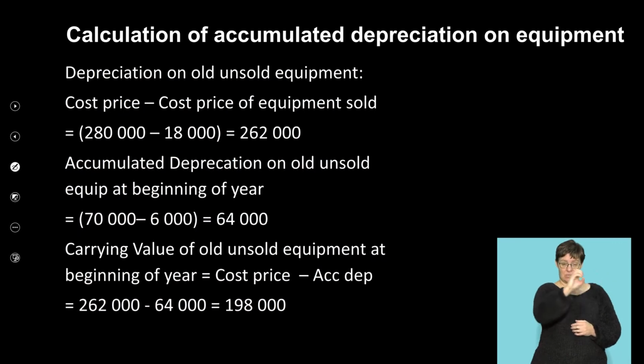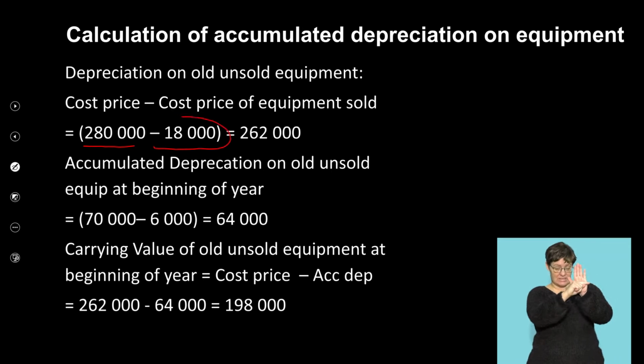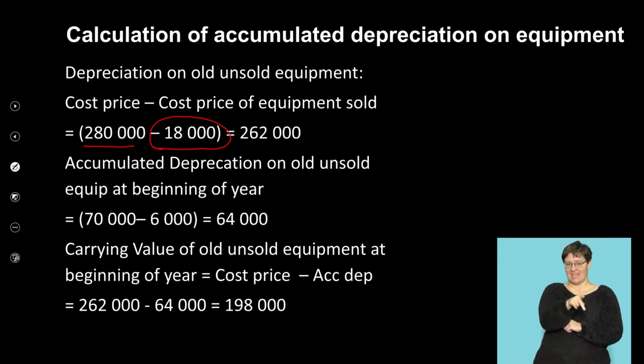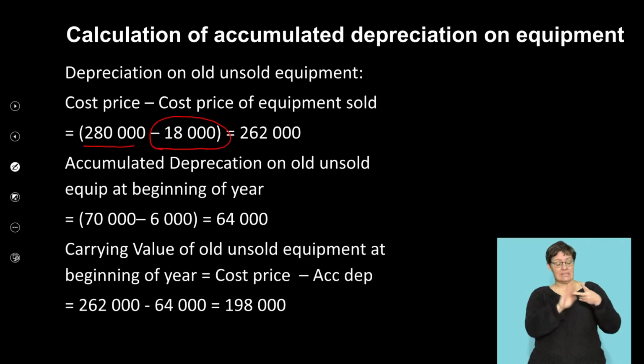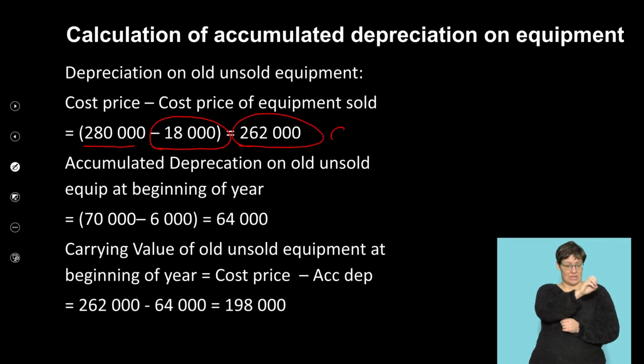So therefore, I say 280,000 minus the 18,000. What is the 18,000 that I'm subtracting? That's the cost price of the equipment that was disposed. Got it? Brilliant. Second bracket. So that gave you the 262,000, which was your cost price of the old equipment.